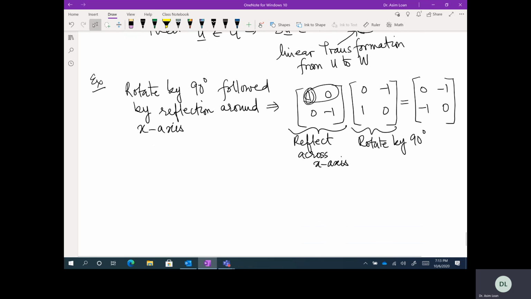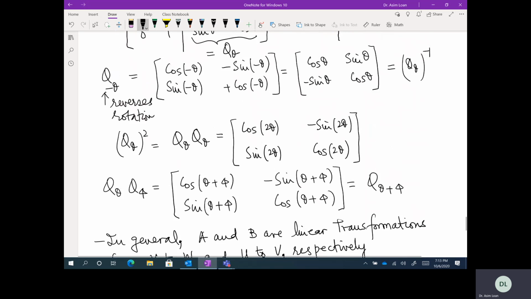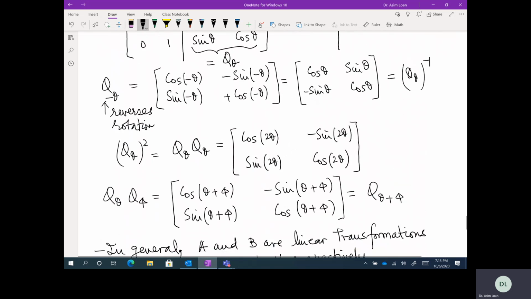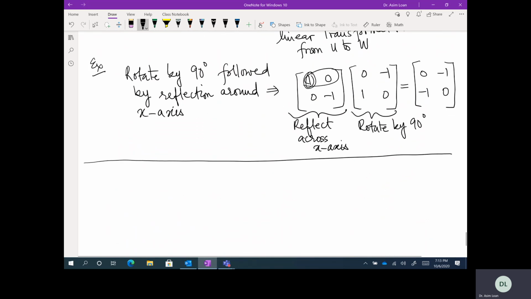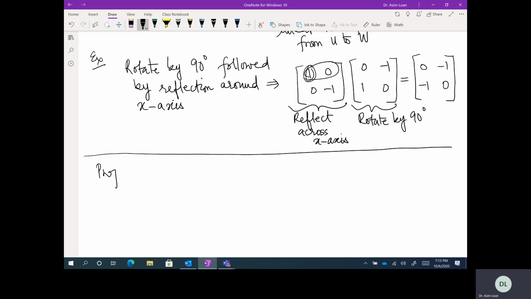Okay, what about projection? So after rotation through theta, and then projection P onto a line at theta degrees.